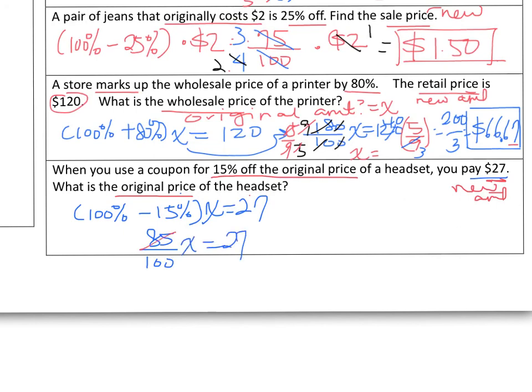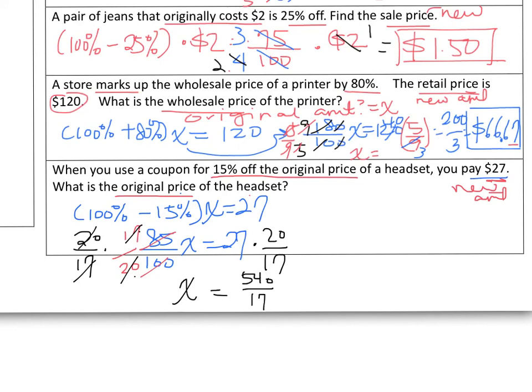Simplify 85 and 100. That would become 17 over 20. And then we can take the reciprocal of 17 over 20, which is 20 over 17, and multiply it to both sides of the equation, cancel out the 20 and the 17, and then x would equal 540 divided by 17.